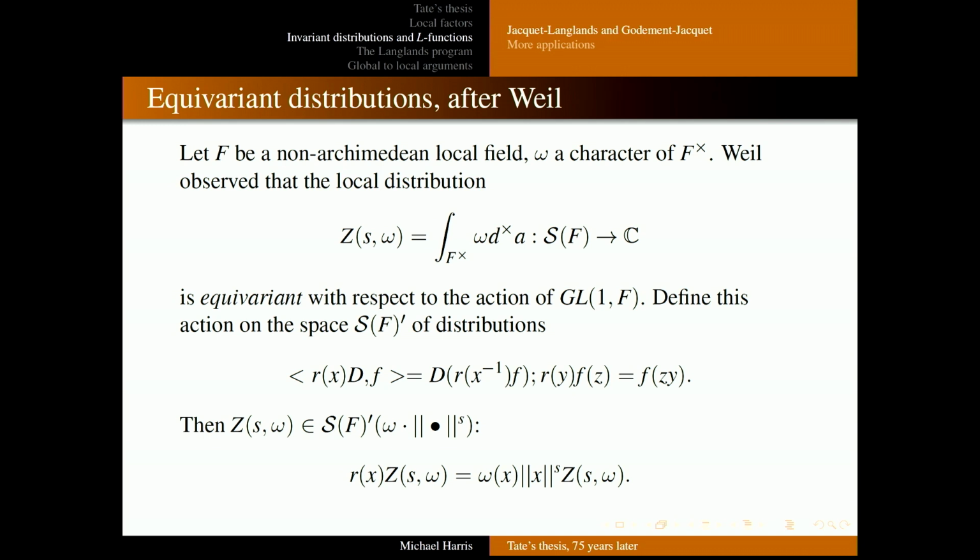What it says is that it is in the space of distributions equivariant with respect to this character, that transform under the action of GL1 with respect to this character. This notation means that when you act on the distribution this way, you get the distribution multiplied by this. Okay.